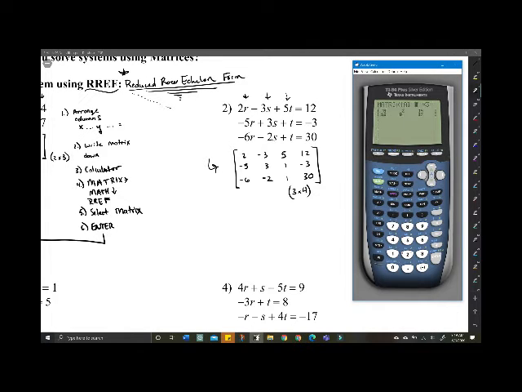Even if you want to use A, you can always re-edit, make it a 3x4, and then just go right over top of the numbers: 2, -3, 5, and 12, -5, 3, 1, -3, -6, -2, 1, and 30.